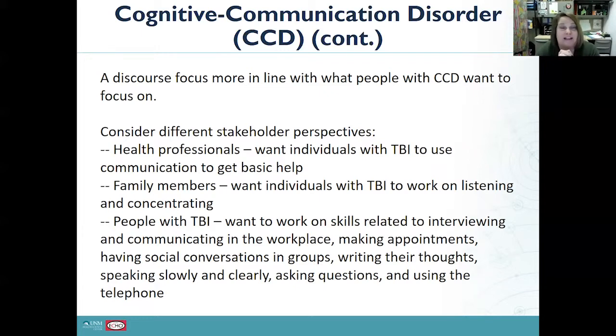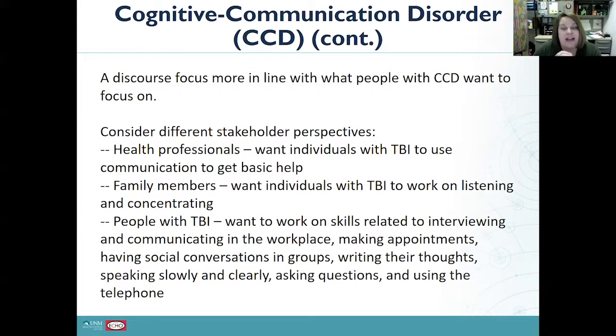People with TBI said what they wanted to work on was skills related to interviewing and communicating in the workplace, skills related to making appointments, having social conversations in groups, writing their thoughts, speaking slowly and clearly, asking questions, and using the telephone.